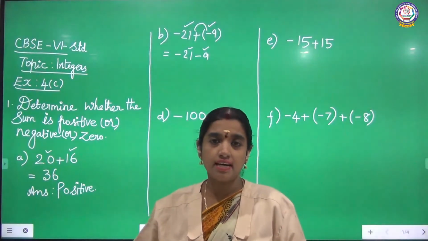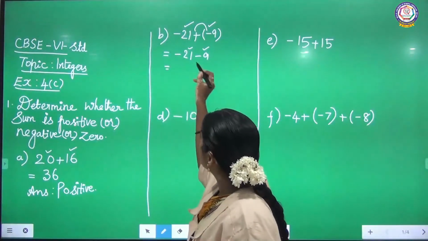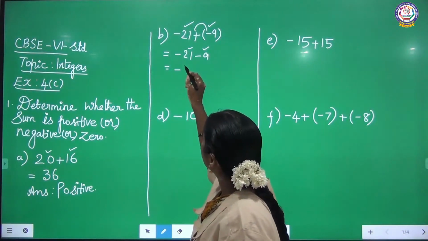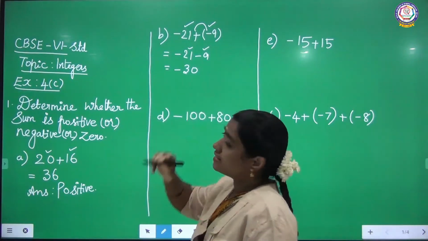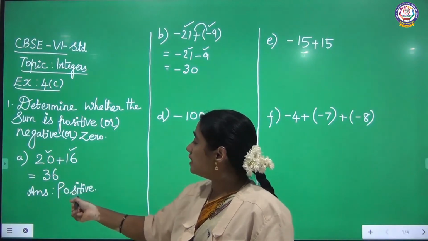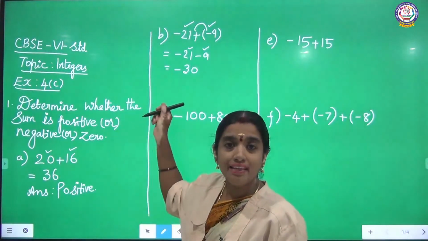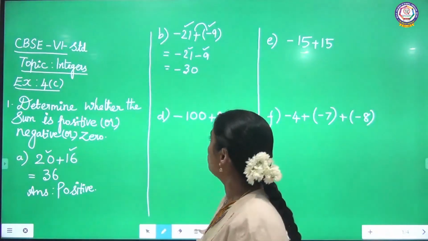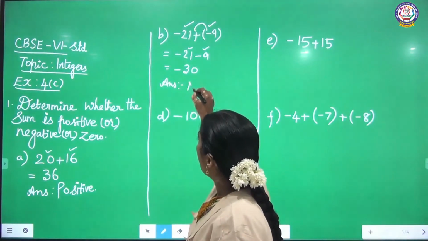If my signs are same and I am adding, I have to write the same sign and add 21 and 9. So the answer is what? 30. Listen, if I am adding two positive integers, I get a positive answer. If I am adding two negative integers, I get the answer in negative. So the negative is the answer.